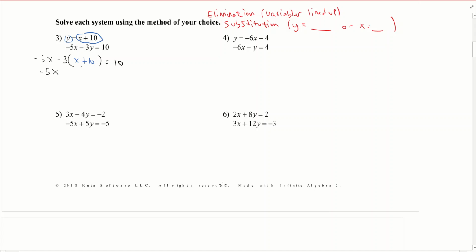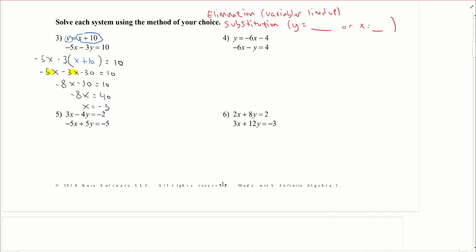We're going to distribute this 3. Then we're going to combine like terms, right? -5x minus 3x is -8x. Then we're going to add 30 to both sides, which is going to give me 40 on this side. Then we're going to divide both sides by -8, which is going to give me -5.